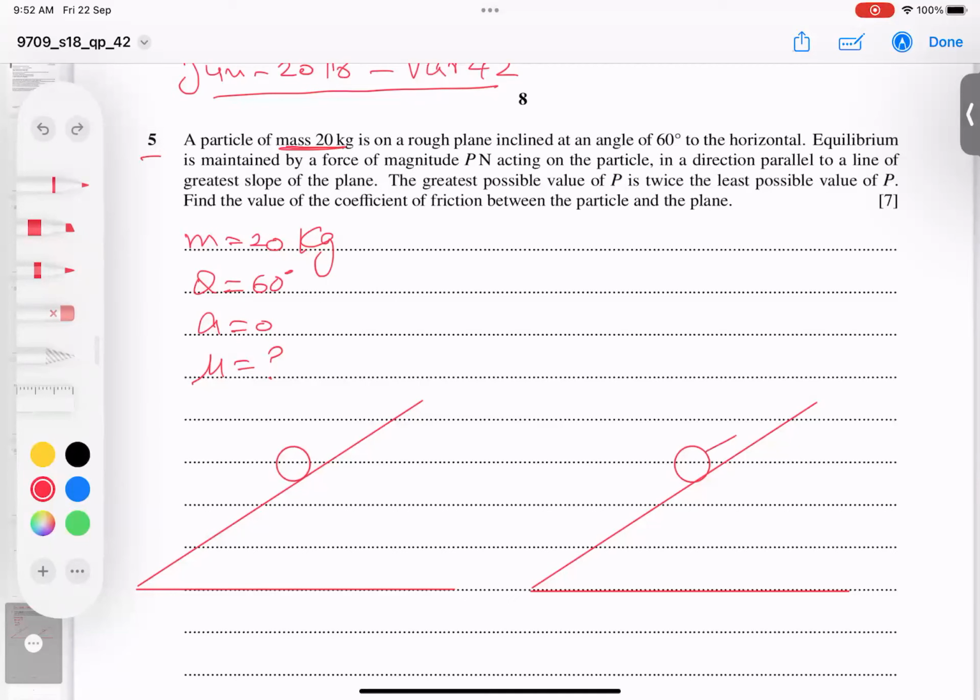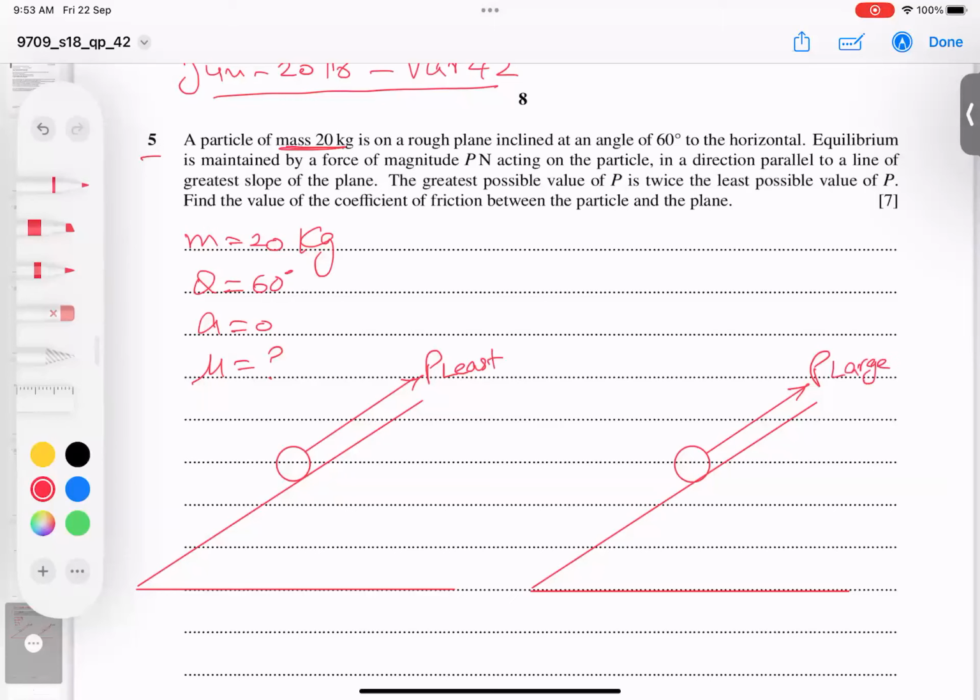It means it is acting upwards. In both options, one time P is least, and the other time P is largest.